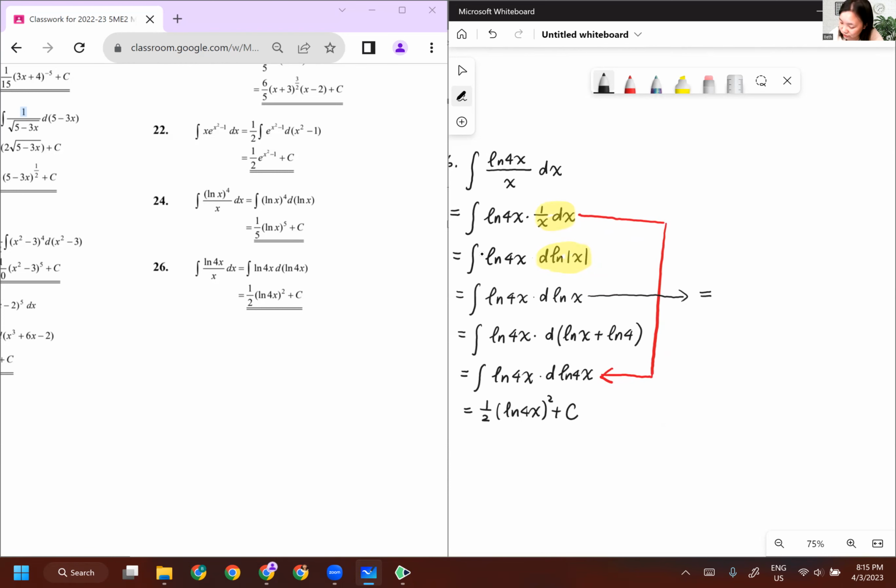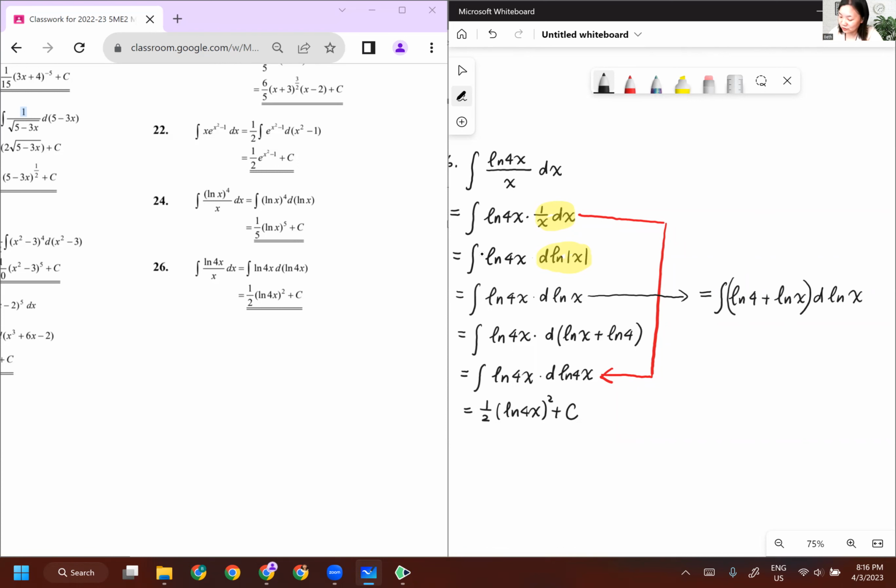I saw that in your solution on this one, some students figured out this is just log 4 plus log x. Instead of adding log 4, you can also split log 4x into 2 logs, log 4 and log x.